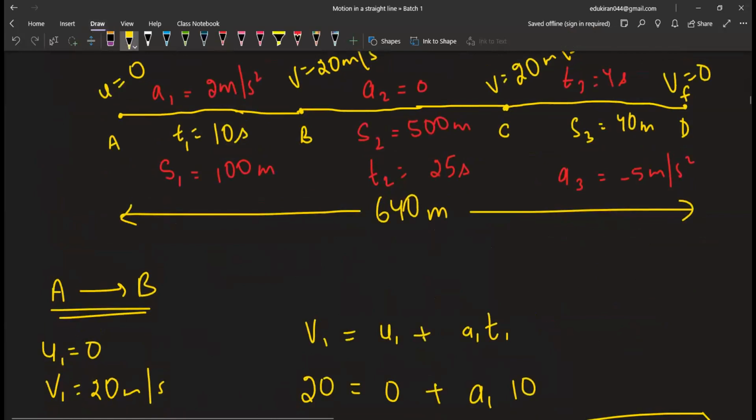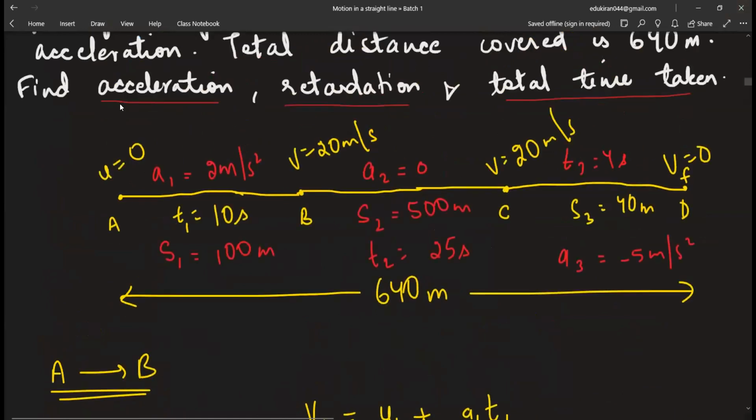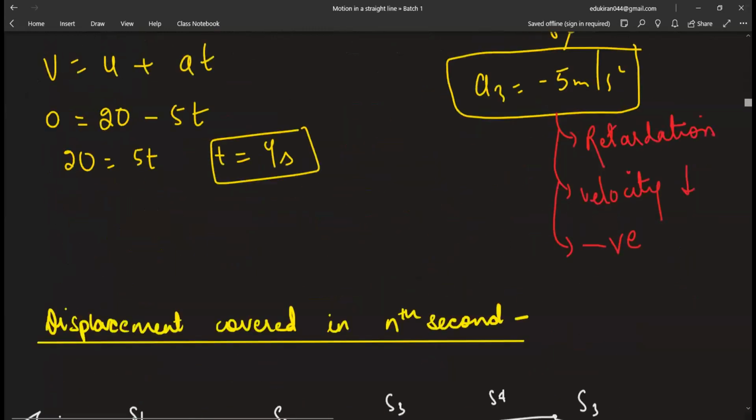Now let's come to the actual question. Actual question is find acceleration. So yes, acceleration we have calculated, 2 meter per second square. Here it's 0. So acceleration is 2 meter per second square. Retardation also we have calculated. It's minus 5 meter per second square. Total time taken we have not calculated. We have just calculated the individual times. So 10 seconds plus 25 seconds plus 4 seconds will give us the total time.